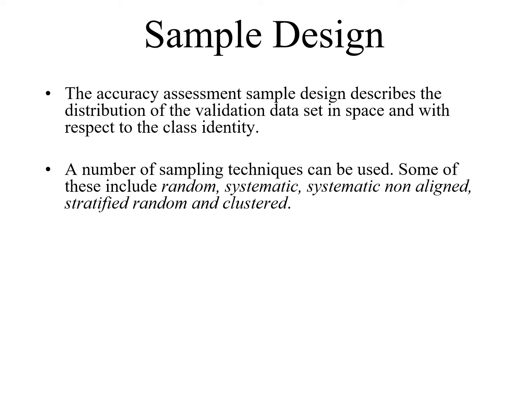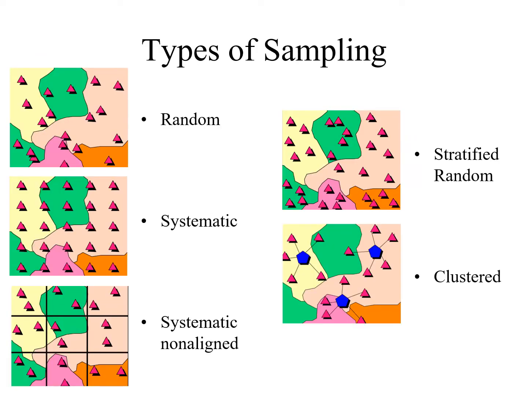And are you going to have different distributions based on the identity of the class? So a number of sampling techniques can be used. Some of them are random, systematic, non-aligned, stratified random, and clustered. And this just gives you an idea of what those approaches look like.